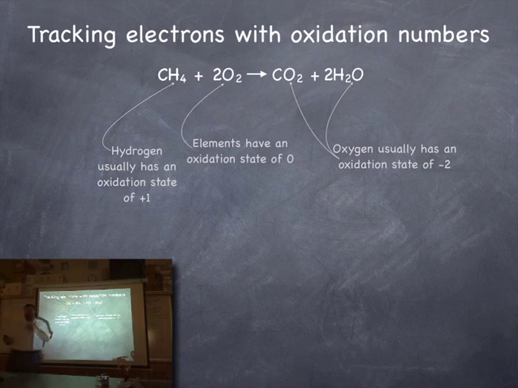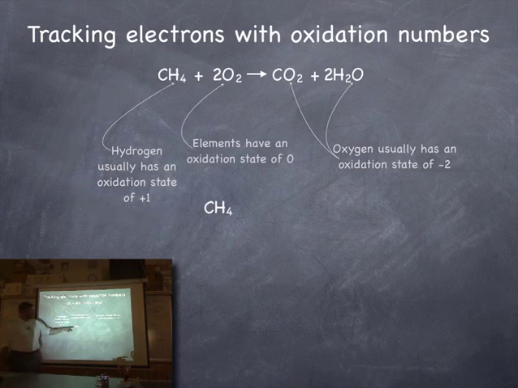That's an important part, because the next step is, what about something like carbon? Carbon is really hard to predict. It doesn't form a normal charge. We know that this whole thing has 0 charge, so the oxidation numbers have to sum to 0.